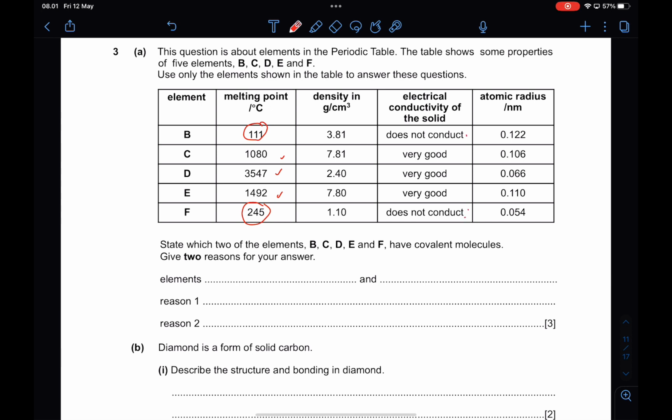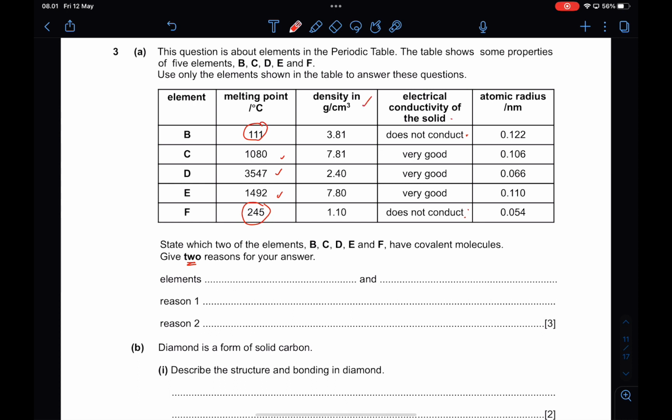And then generally, covalent molecules do not conduct electricity. But sometimes solid ionic compounds also do not conduct electricity. So in this case, the reason why I select this one as a covalent molecule is because of the low melting point. So I will write down low melting point, and then they say 2 reasons.